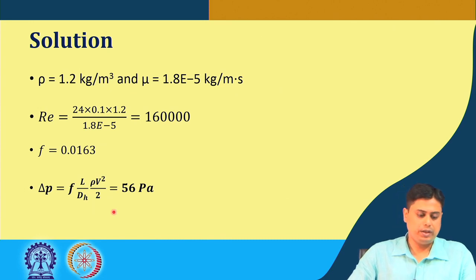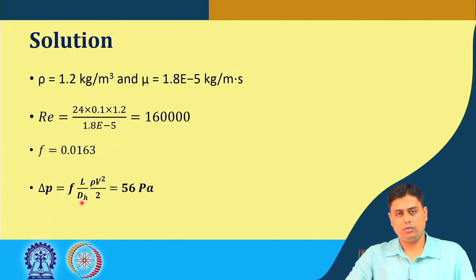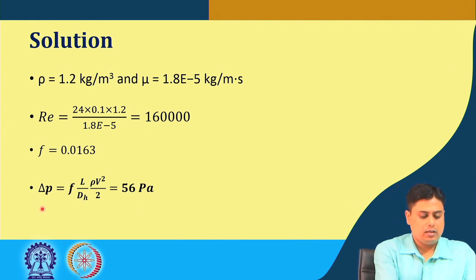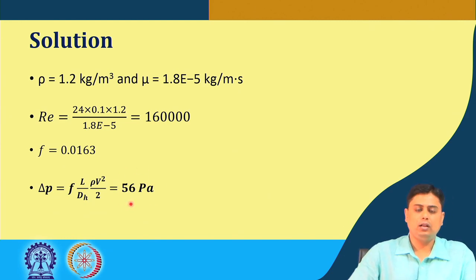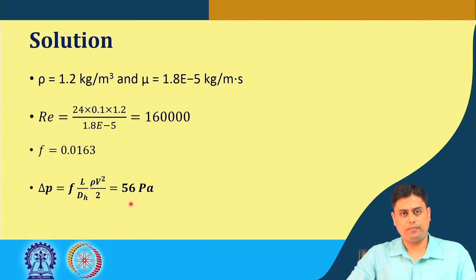Here again dH is the hydraulic diameter, since this is a square duct. So, the Reynolds number also has been calculated based on this hydraulic diameter. Okay. So, this value is the pressure drop when there was no plate, that is, simple flow through the duct.